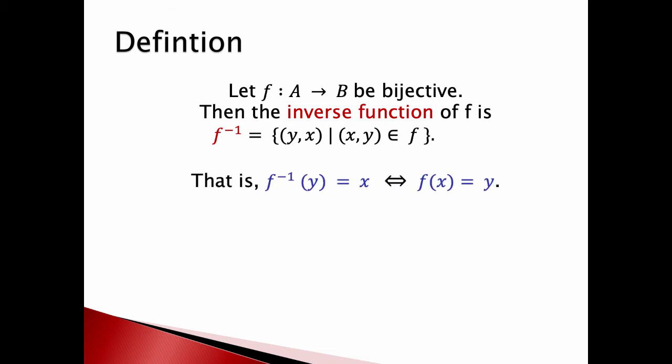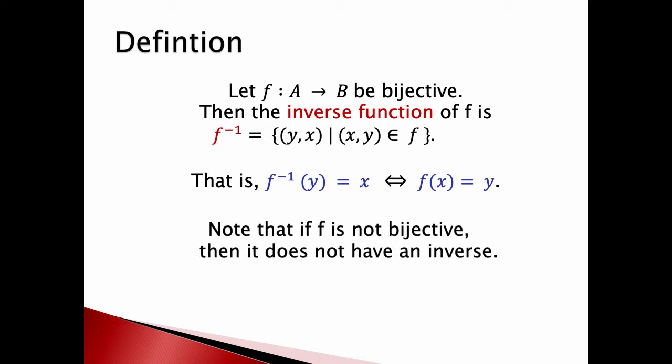In the notation we're more used to, if f of x equals y, then f inverse of y should be x. Because it's one to one, there is only one x that goes with a given y and vice versa.